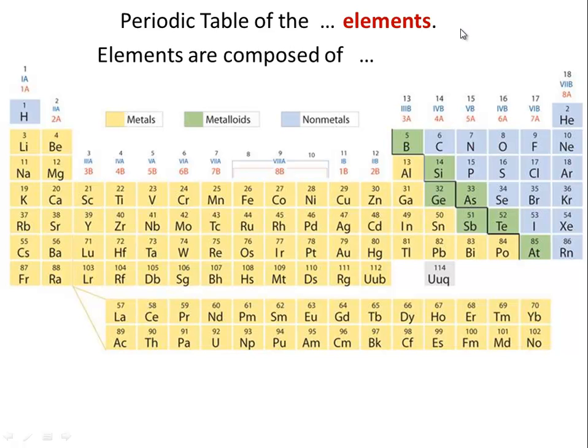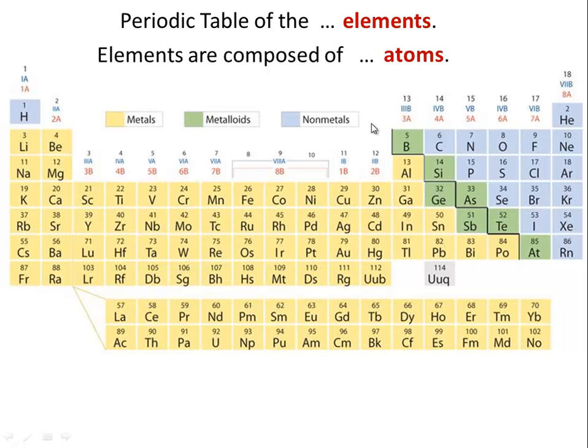Okay, elements. What are elements composed of at the smallest unit? That's right, atoms. So elements are composed of atoms. For example, let's look at Cu, copper. If you had a little piece of copper in your hand, that is a collection of copper atoms held together by chemical bonds.